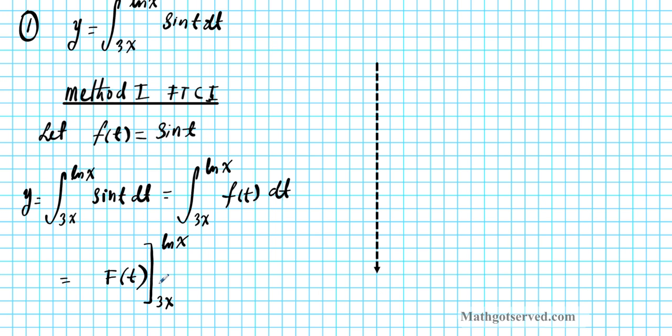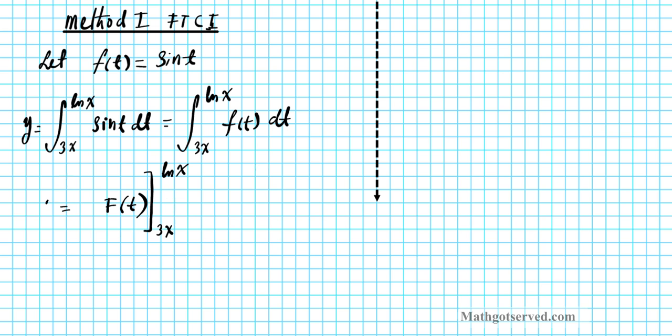You're going to see why in a minute. So we are calling uppercase F the antiderivative of f, which is the antiderivative of sine t. Notice we do not have to find the antiderivative of this function. We're just using a functional name to represent the antiderivative. So let's keep on going.